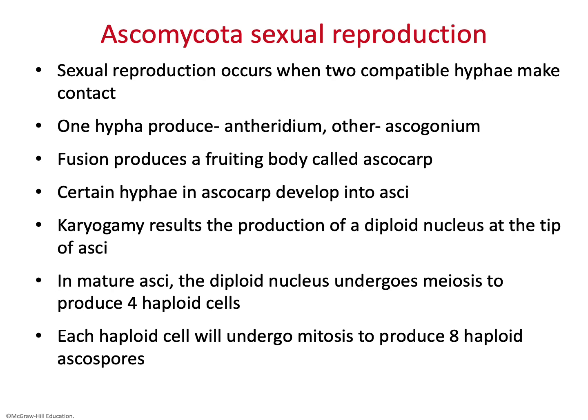Certain hyphae in the ascocarp develop into a structure called asci, and karyogamy happens, which results in production of a diploid nucleus. This diploid nucleus undergoes meiosis to produce haploid cells, each of which then undergoes a single mitosis to produce 8 haploid ascospores.